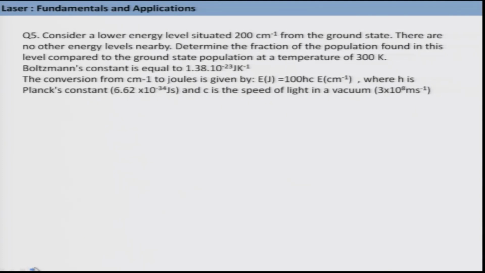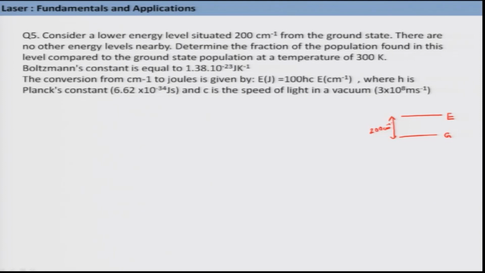The next question says, consider a low energy level situated 200 centimeter inverse from the ground state. Let us keep drawing. This is my ground state and then a low energy excited state, and this gap is 200 centimeter inverse.